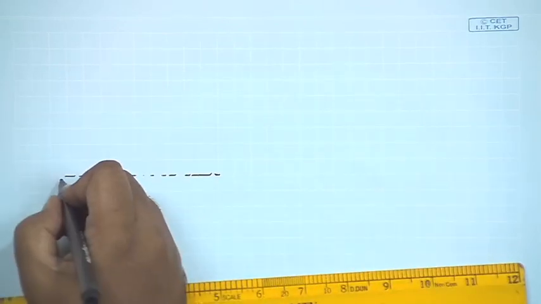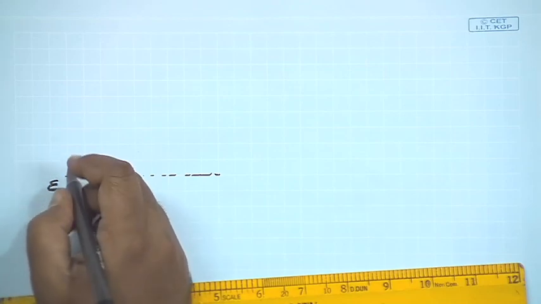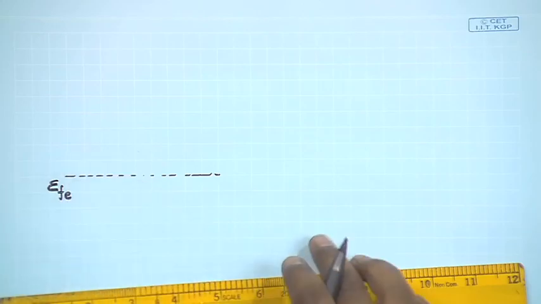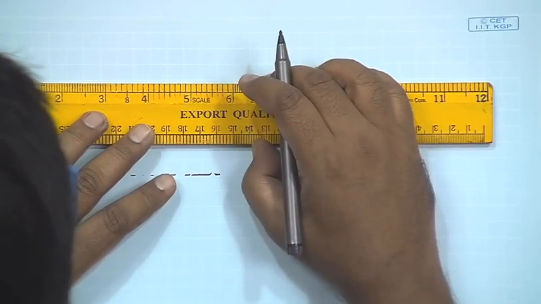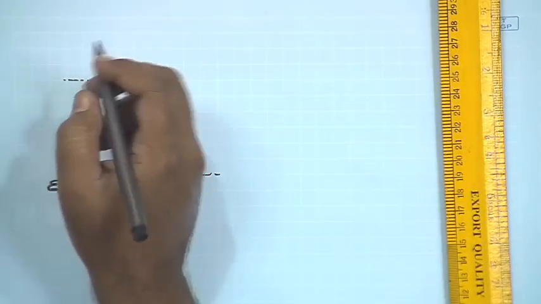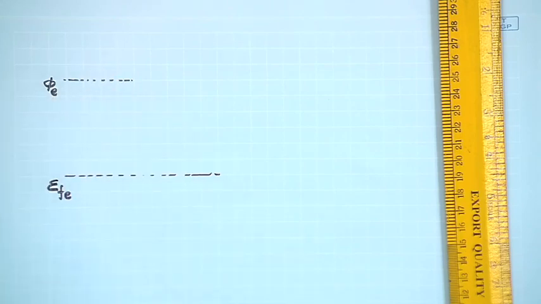Let me say that this is one level, this is the energy level, and I am calling it the Fermi level of the emitter. Okay. Similarly, this is one level, and I am going to call it the work function of the emitter.